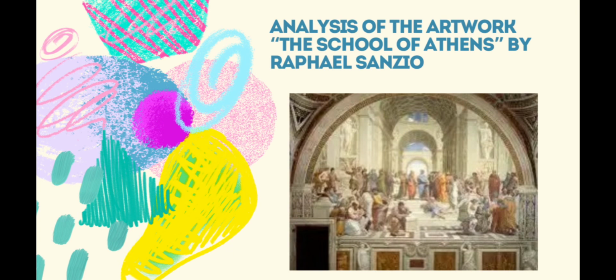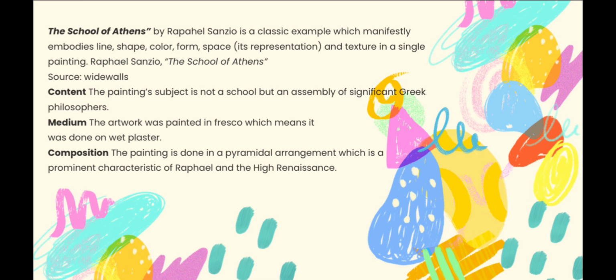Lastly, analysis of the artwork The School of Athens by Raphael Sanzio. The School of Athens is a classic example which manifestly embodies line, shape, color, form, space, its representation, and texture in a single painting. Raphael Sanzio, The School of Athens. Source: Wild Walls.